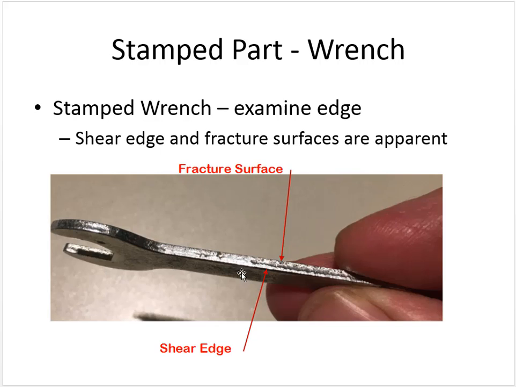You can tell that the part was punched from this side. And then here is the fracture surface, the breakout surface. Look at a washer, because most every washer that you'll see at the hardware store is produced by a stamping operation. Let's examine this little wrench a little bit further.